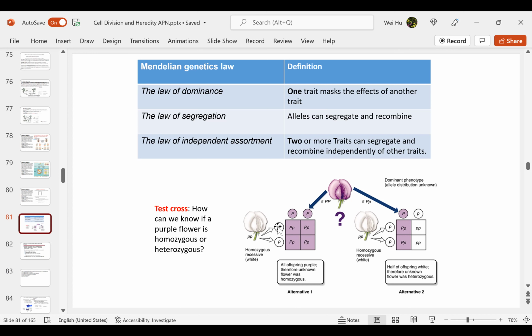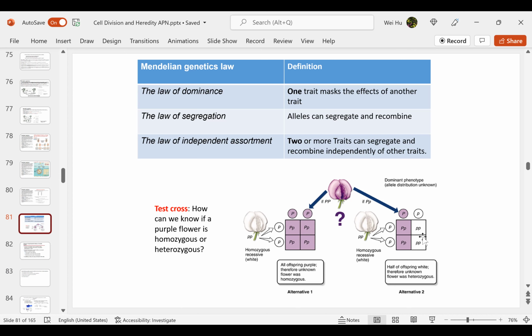You use a white flower, the homozygous recessive, and cross it with this purple flower. If the offspring are 100% purple, then the father must be homozygous. So they have 2 alleles, both big P, big P.